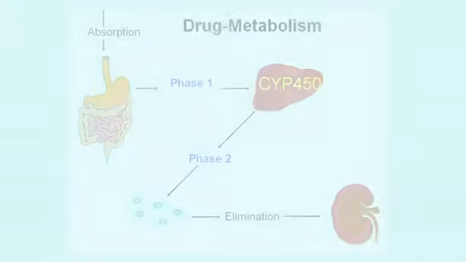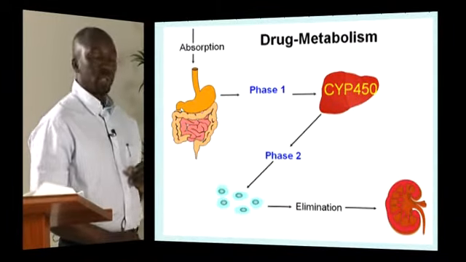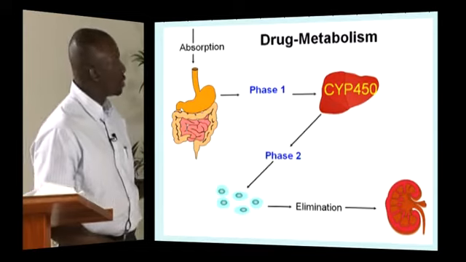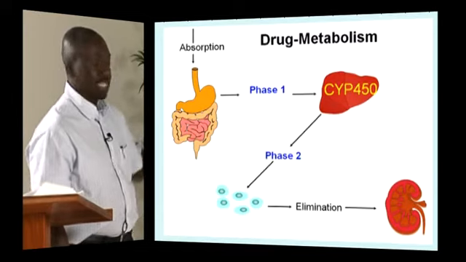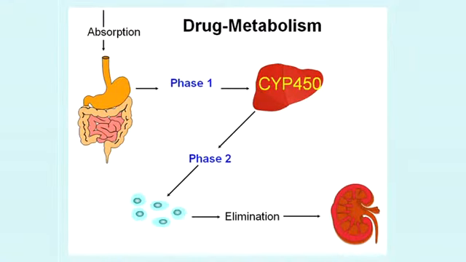Coming to the answer, I think a little bit of background is important. When we talk about metabolism, we talk of either phase 1 or phase 2. Phase 1 is the redox reaction, reduction oxidation, and that's mainly done in the liver by the cytochrome P450 enzymes.